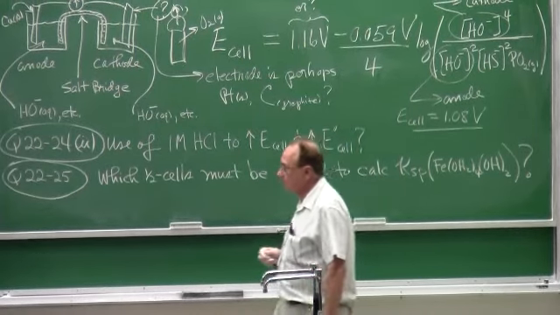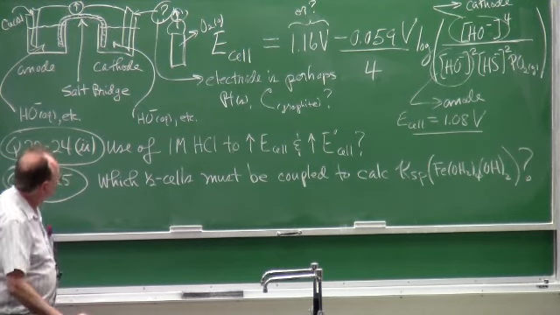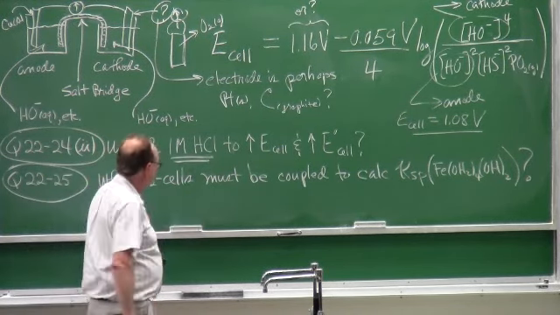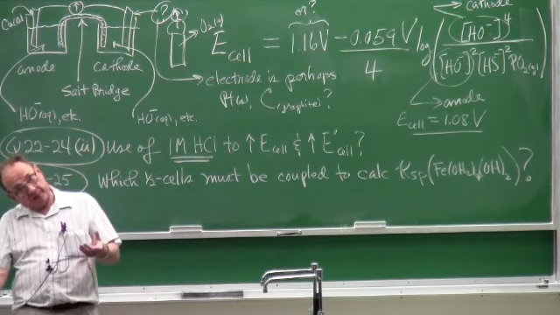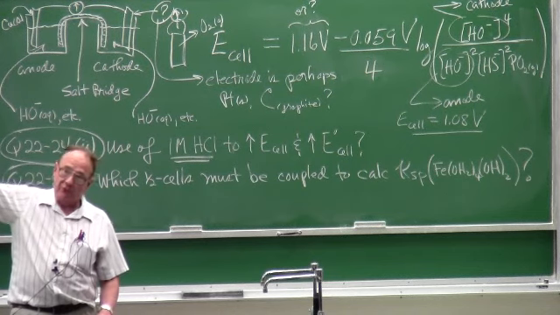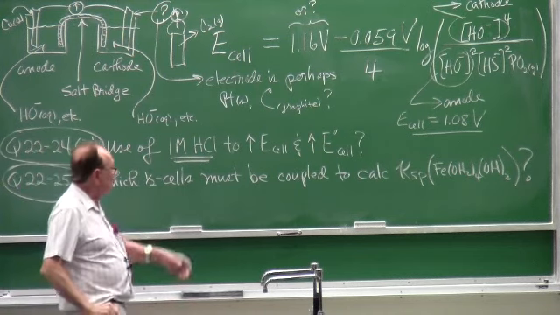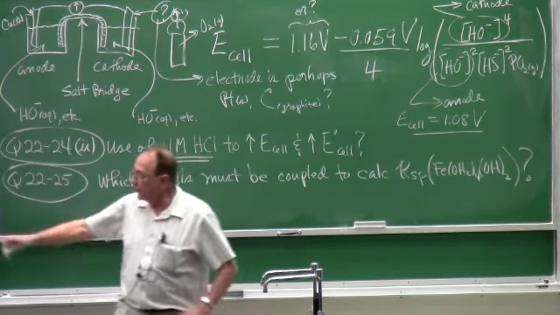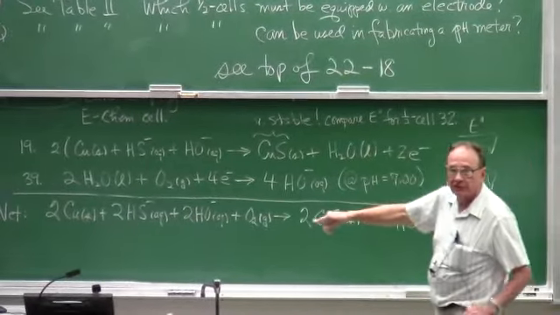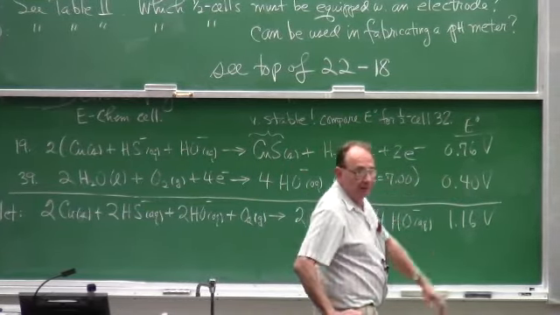Now, part 2 of question 24 is something parallel to what we talked about with the Daniell cell when I gave you the bottle of 6 molar ammonia. I said, what do you want to do with 6 molar ammonia to up E cell, E0 cell? Well, here I'm going to give you a bottle of 1 molar HCl. Can you operate on this system so as to make E cell as well as E0 cell go up by usage of 1 molar HCl?